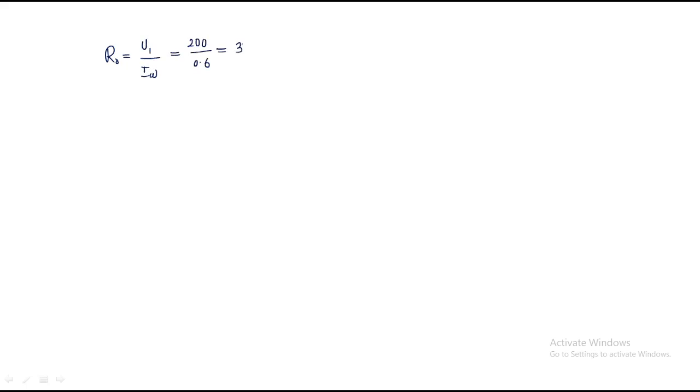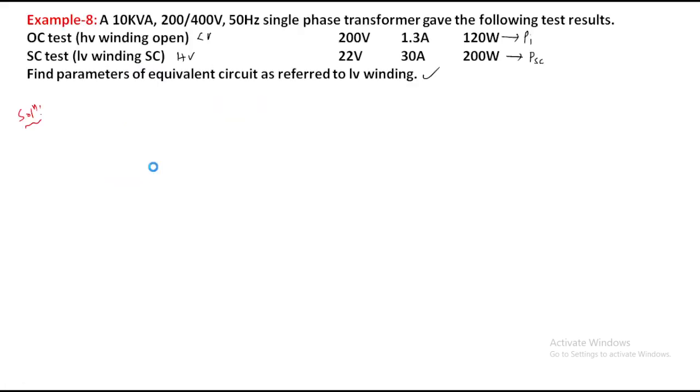What is the answer? 333.3 ohms. Therefore, X naught should be equal to V1 by I mu, which is 200 by 1.1533, which is 173.42 ohms. Later we have to calculate the equivalent impedance referred to HV side, Z02, which is equal to, what is the data?